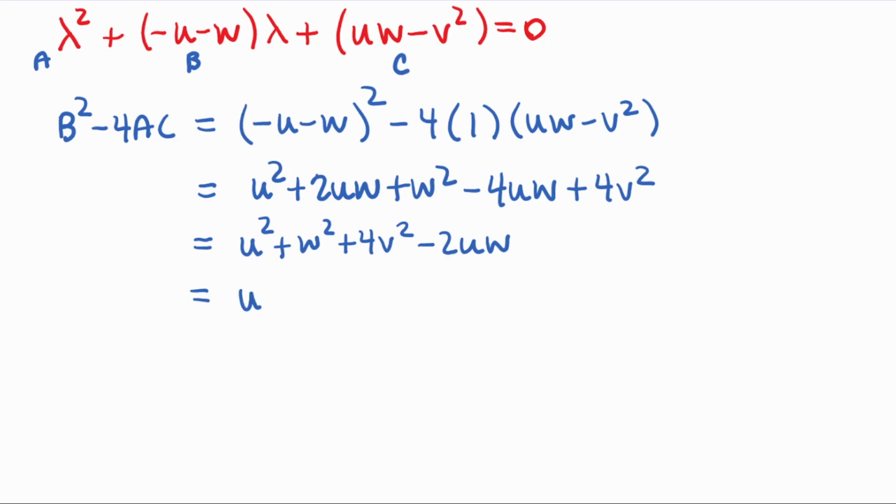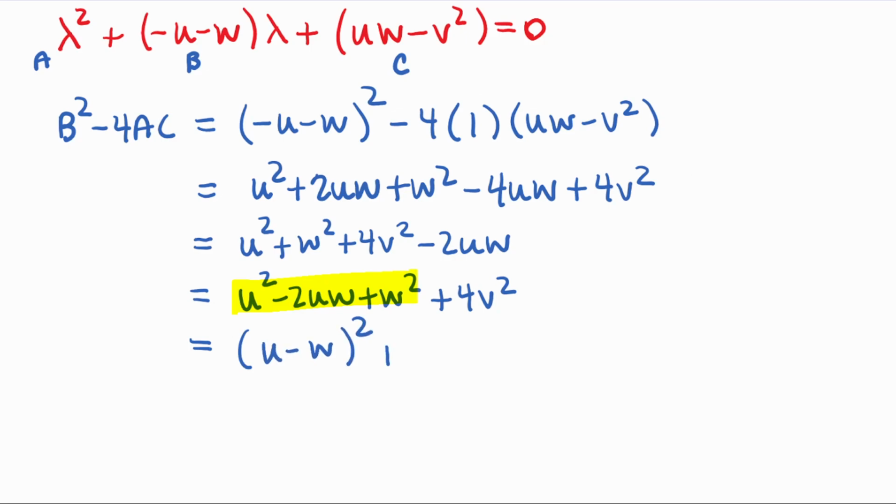Okay. Now I'm going to rewrite this. Here it is. Okay, this was tricky. All right, this thing that I'm going to highlight in yellow, it's factorable. It's a perfect square. This is u minus w squared plus 4v squared. And regardless of what u and v and w are, if we combine them and square these numbers, like you square something, it's going to be positive, right?